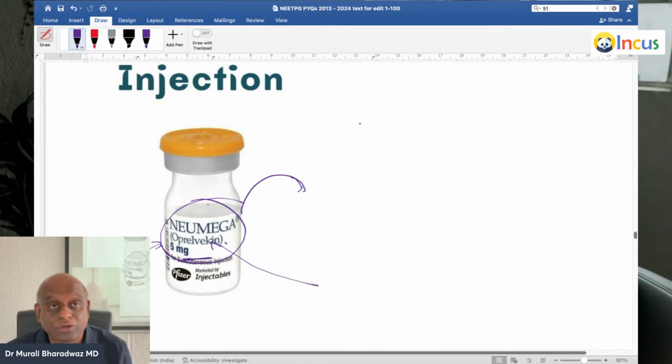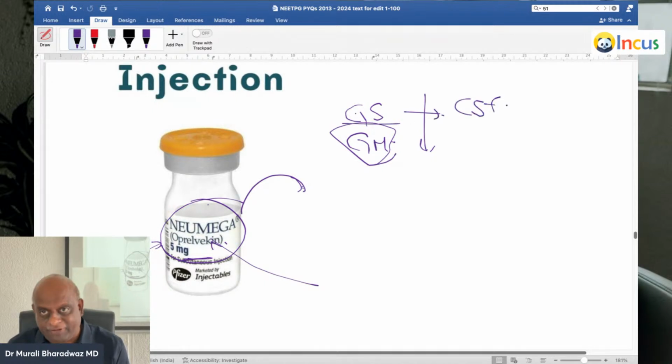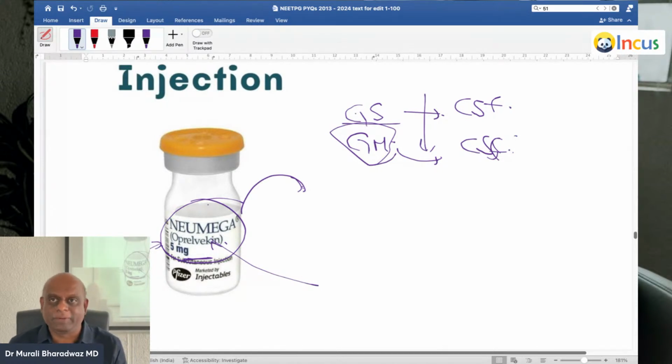The second type of situation is those who undergo chemotherapy. In them, the granulocytes and granulocyte monocytes will fall down. Neutropenia will come. To treat that, we give two drugs. One is granulocyte colony stimulating factor. The other is granulocyte monocyte colony stimulating factor, to stimulate the granulocyte precursors in the bone marrow whenever the patient is undergoing chemotherapy.